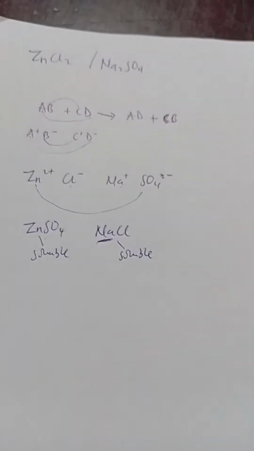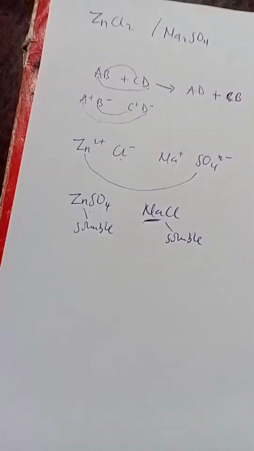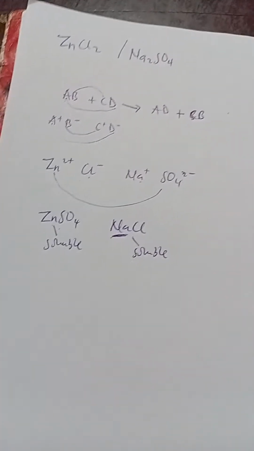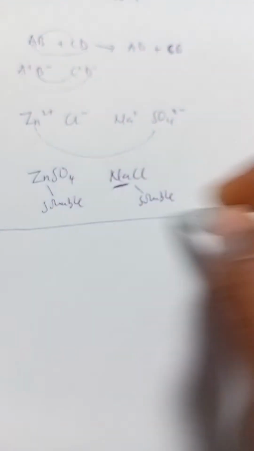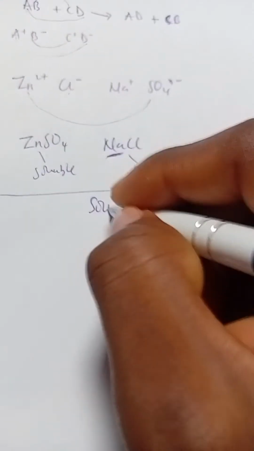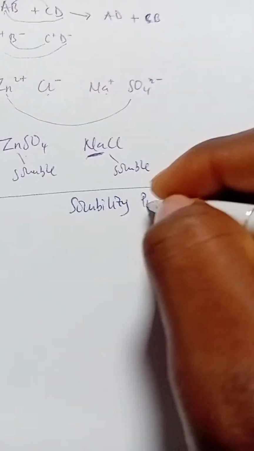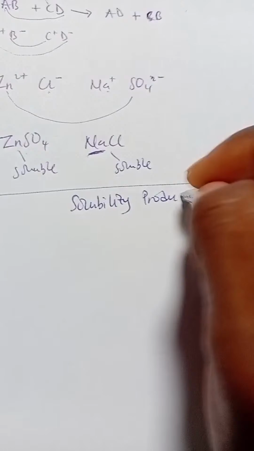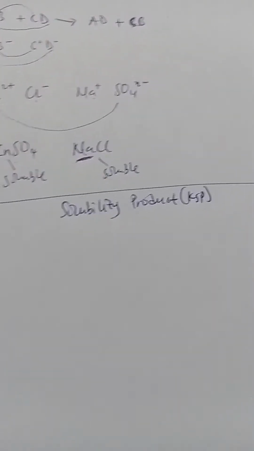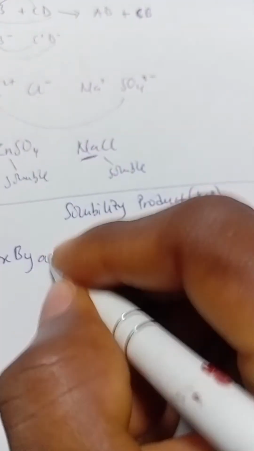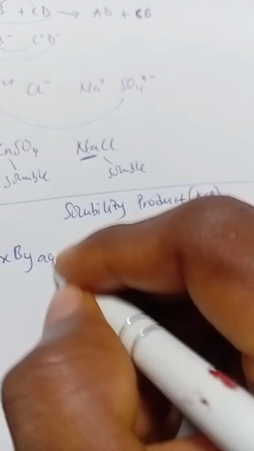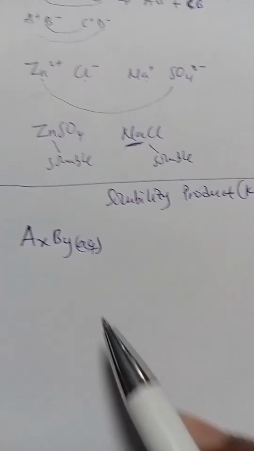Okay, so now we can move on to the calculation aspects under solubility. Let's see how we can calculate solubility products and ionic products. If you have a salt and put it in an aqueous medium, let's consider this as a sparingly soluble salt.